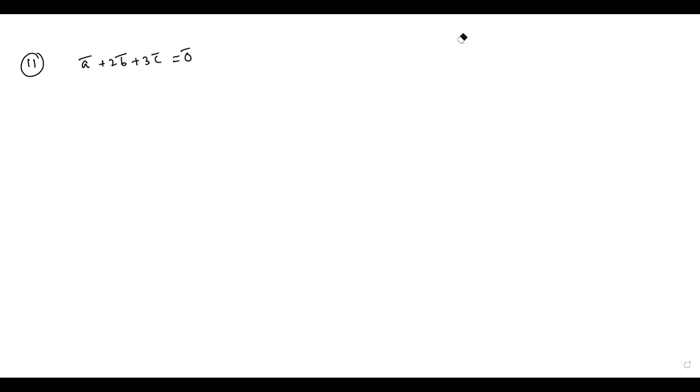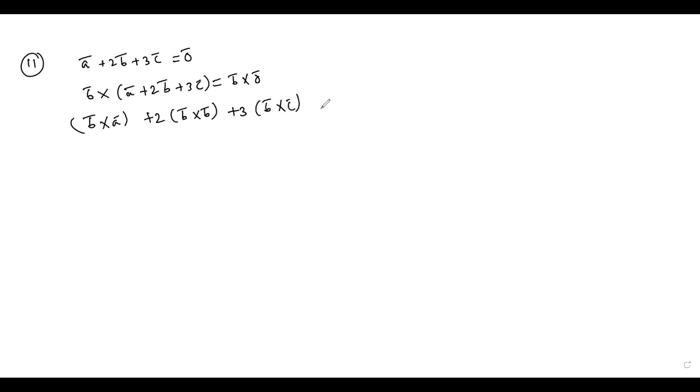Okay. Now I am cross producing with b bar first. b bar cross a bar plus 2 into b bar cross b bar plus 3 into b bar cross c bar. b bar cross 0 bar is 0 bar.